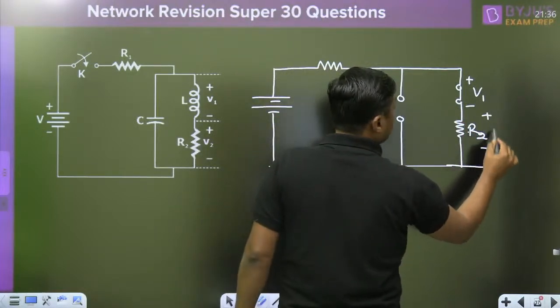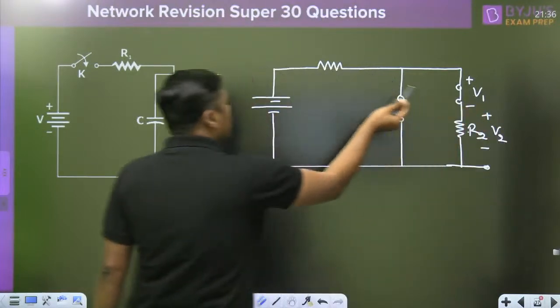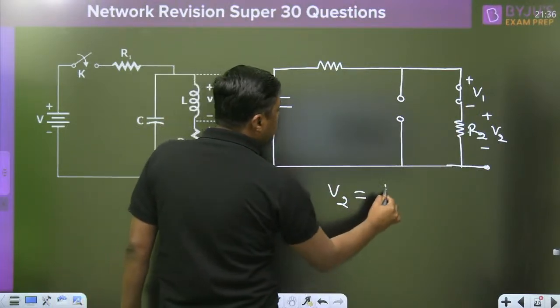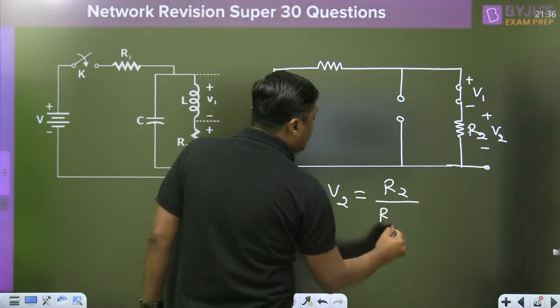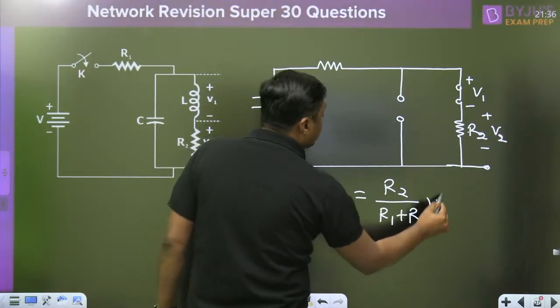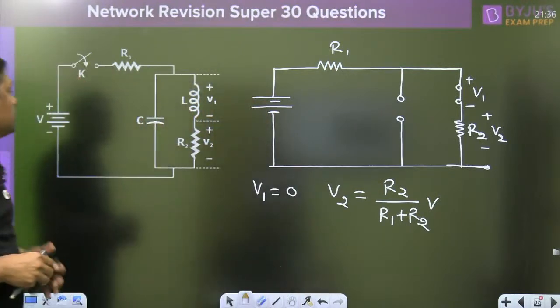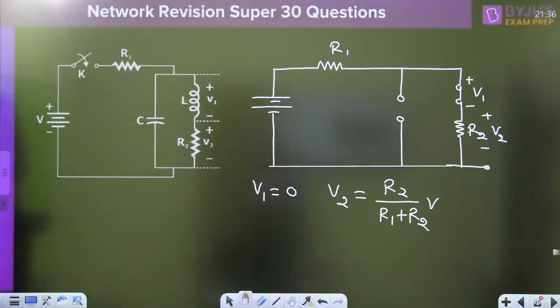V2 means voltage across the resistor. V1 will be 0, and V2, according to the voltage division rule, is R2 divided by R1 plus R2 into V. So that is a very simple question.